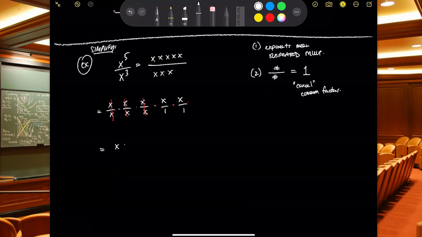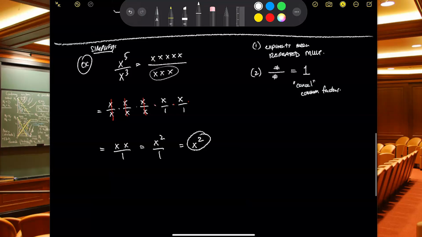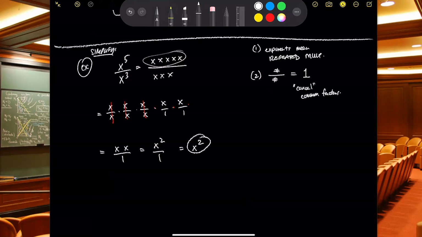So what's x over 1 times x over 1? It's x squared over 1. And remember that anything over 1 is just itself. So at the end of the day, x to the fifth over x to the third is the same as just x times itself twice. Sure, we're multiplying x by itself on the top 5 times, but on the bottom, we're also multiplying it by itself 3 times.